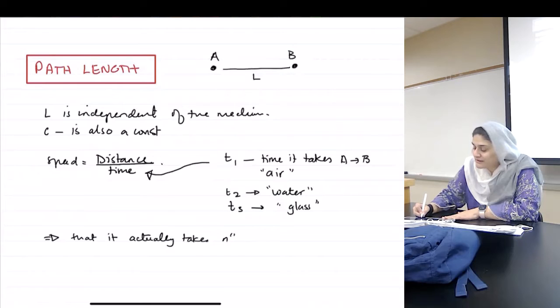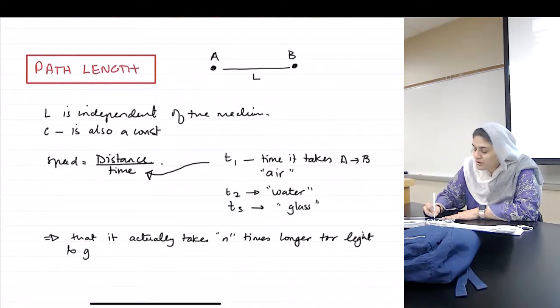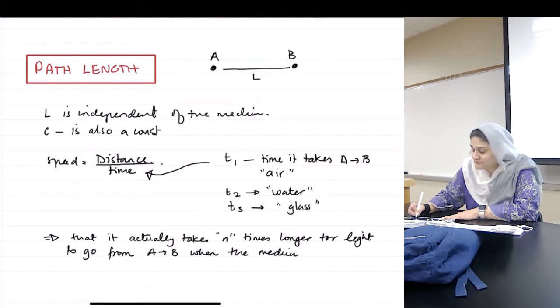This implies that it actually takes n times longer for light to go from A to B when the medium changes.